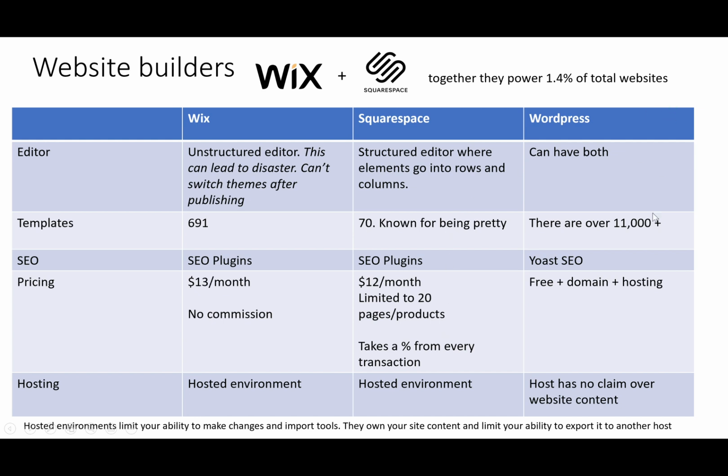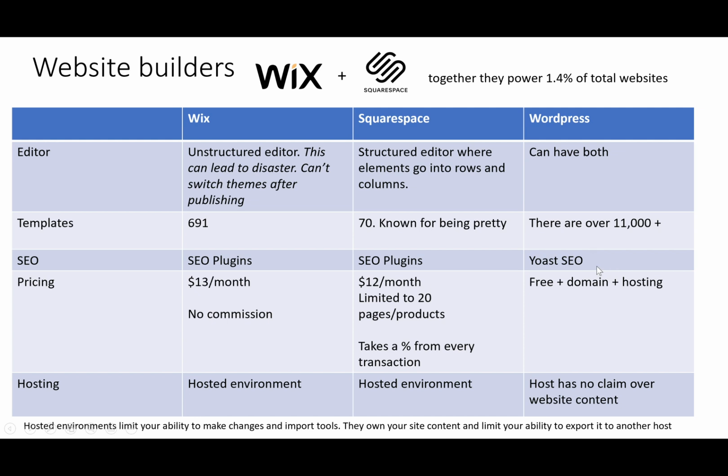And well, I put here a column showing what WordPress can do in comparison to Wix and Squarespace. With WordPress, you can have unstructured and structured editors depending on the theme that you use or the builder that you get. Regarding the templates, there are over 11,000 themes on WordPress, so there's so much you can choose from.